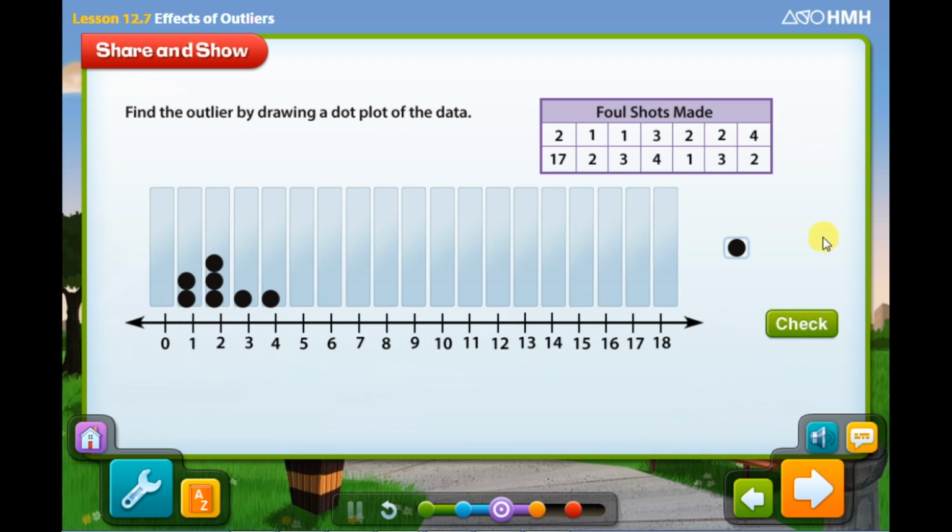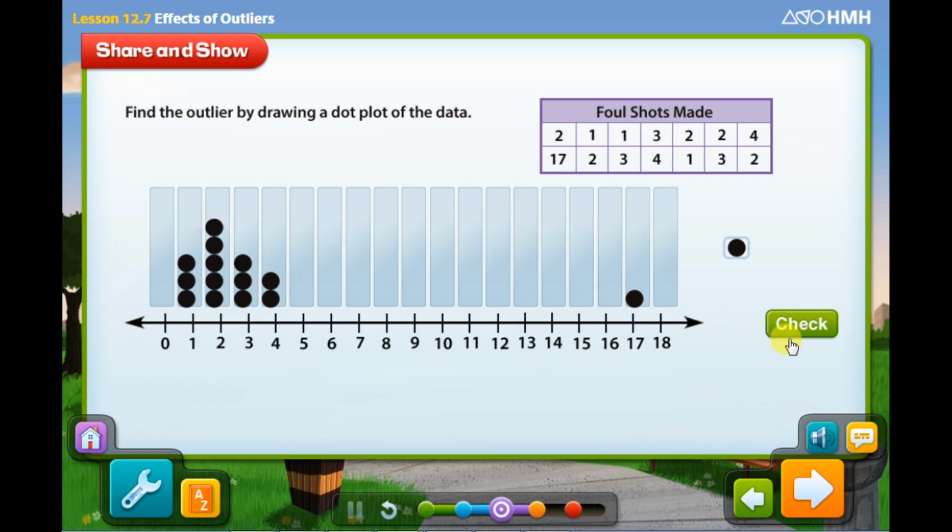Oh, that's a weird number here, 17. The second row, 17, then back again to normal, 2, 2, then 3, then 4, then 1, then 3, then 2.